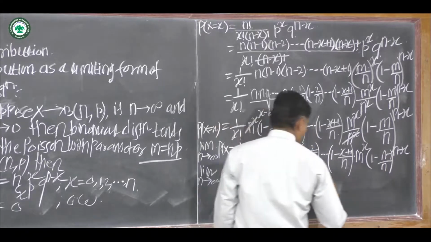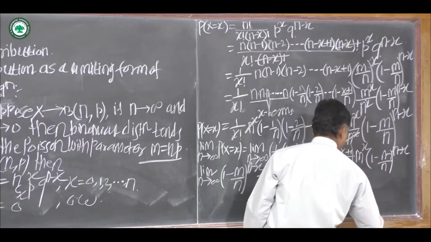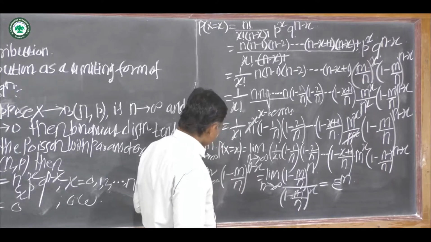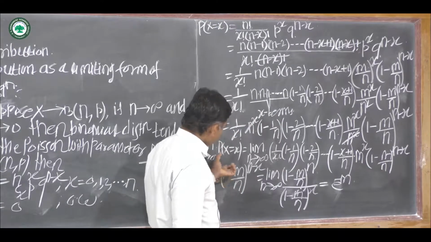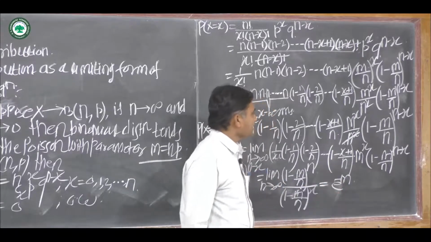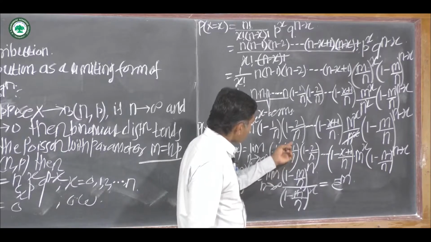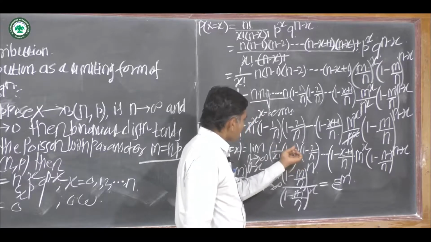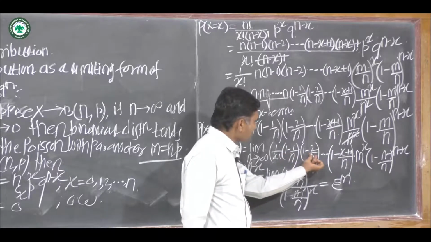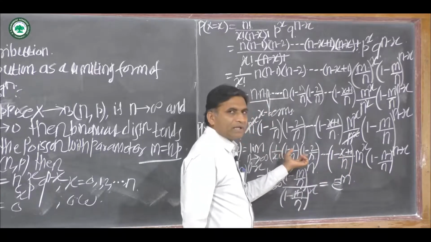This limit is equal to e raised to minus m. And the limit of 1 upon n as n tends to infinity is equal to 0. This term is equal to 0, again this term is equal to 0. There remains only 1, 1, 1, 1.